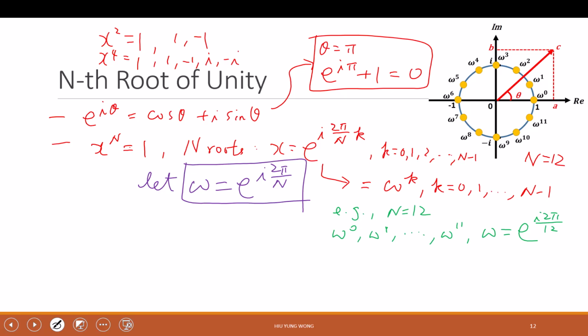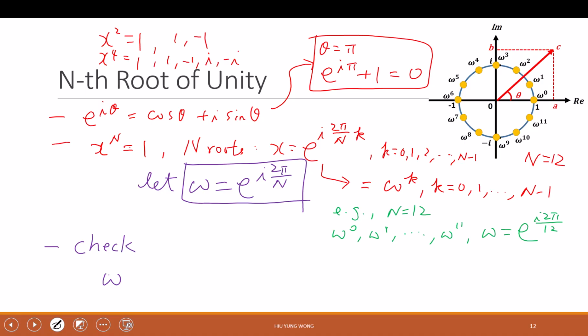And how can we check to see if it is correct, because I claim that this is the solution. So omega to the power k.